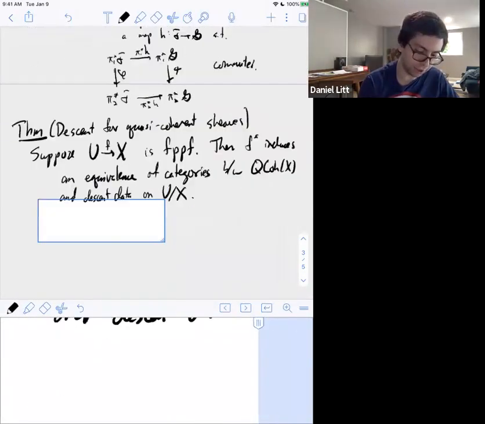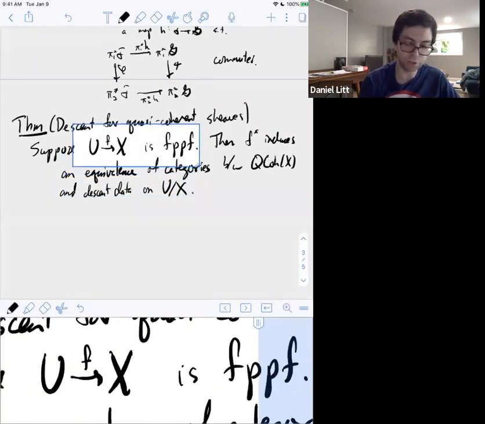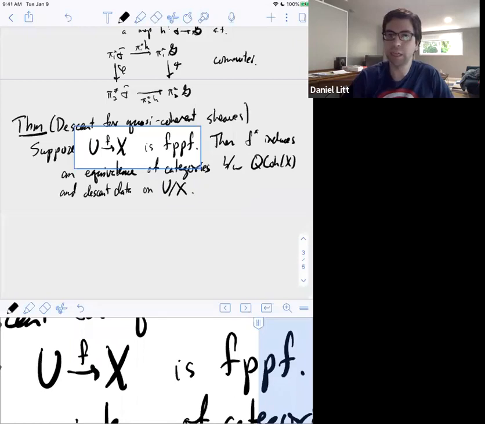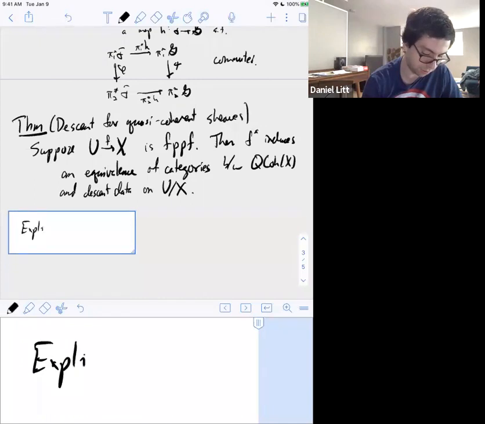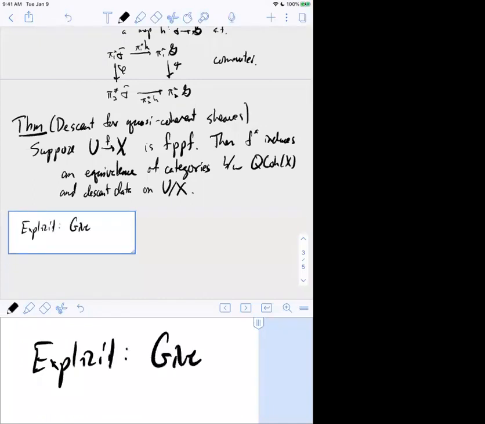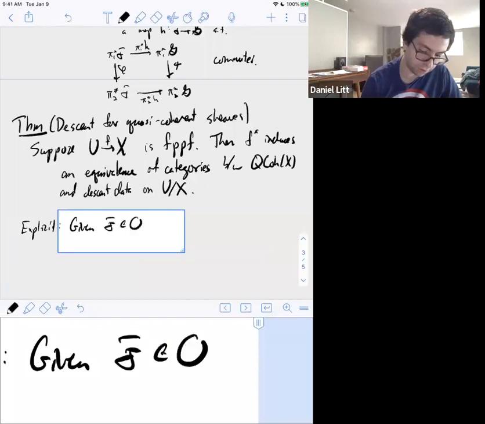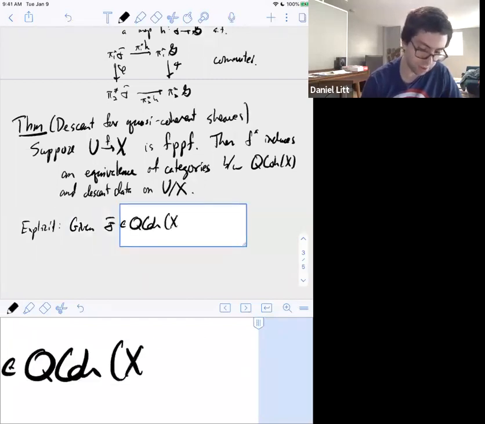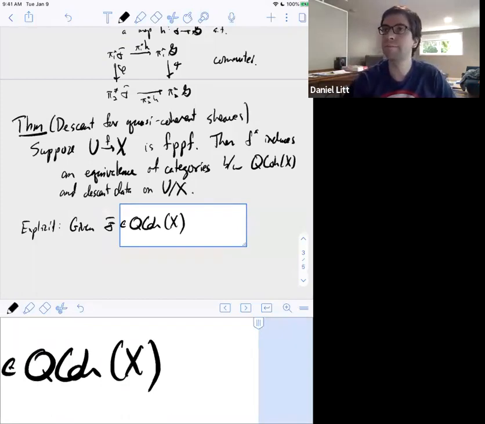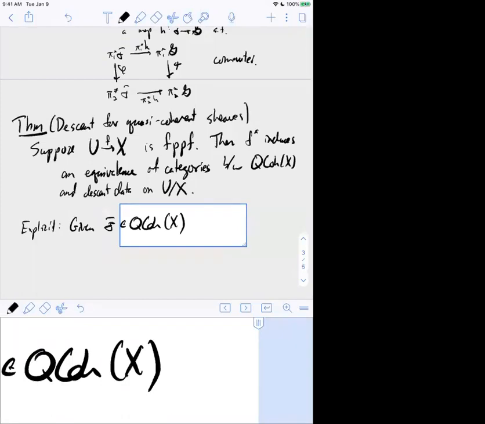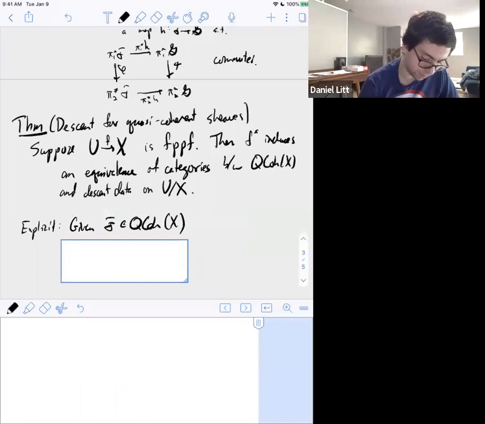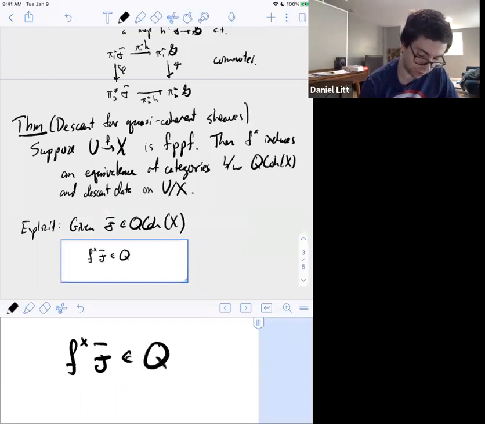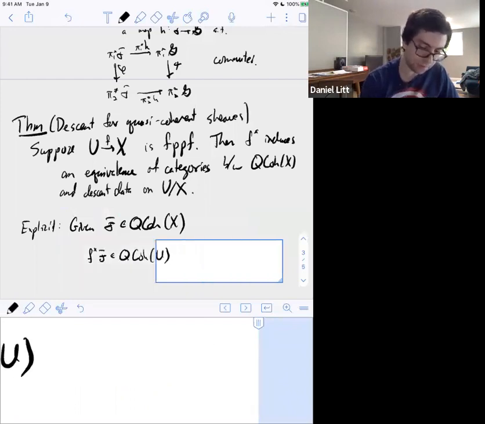This theorem maybe doesn't quite make sense because I haven't told you, given a sheaf, how do you get descent data? Can anyone help me with that? Let's make this explicit. Given a quasi-coherent sheaf F on X, how do I get descent data? Just pull it back and pull back its isomorphism identity as well. Yeah, so we can pull back F, that gives us a quasi-coherent sheaf on U. And now we need gluing data.